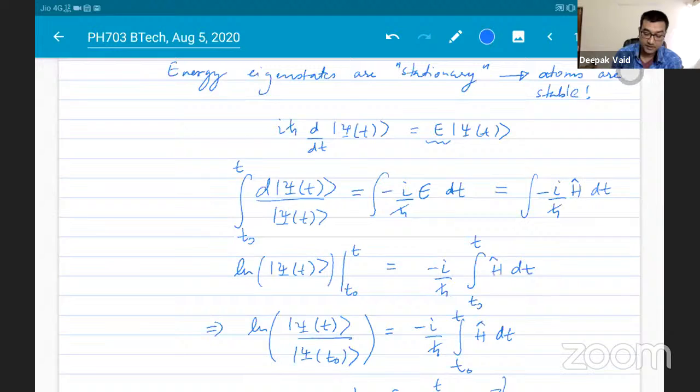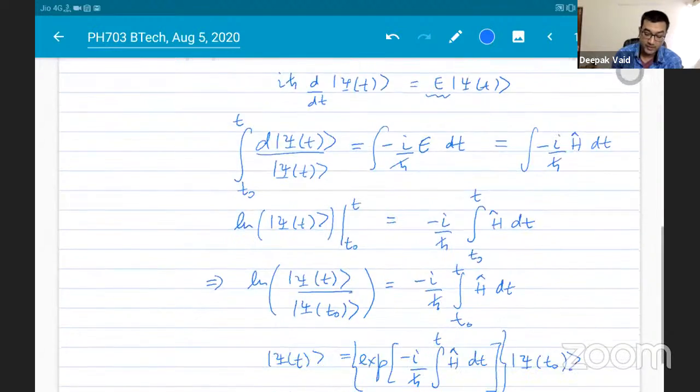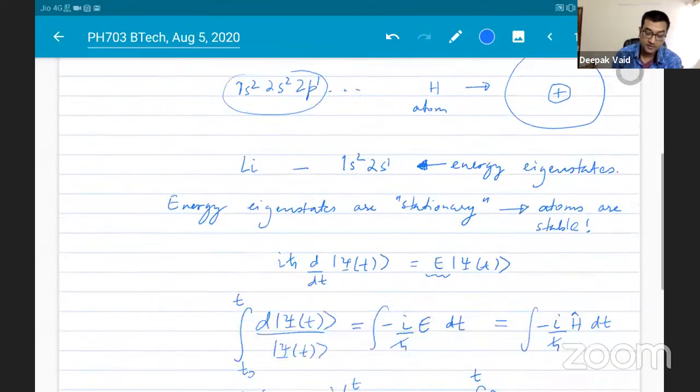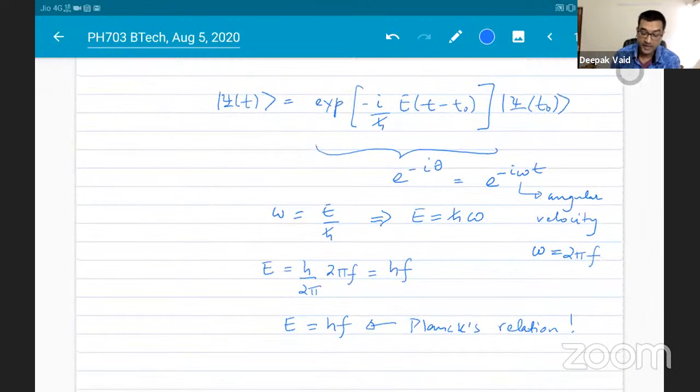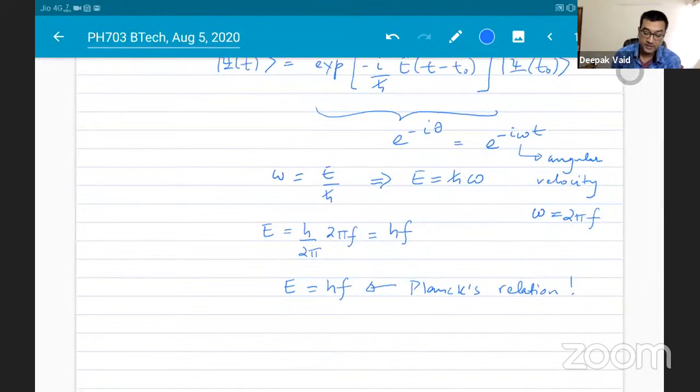But if you look at this solution for the case when you are in an eigenstate of H, you see that it just becomes a complex phase. So from purely dimensional arguments, you can see that this quantity is an energy. It has to be an energy, and moreover, this energy is given by h times f.